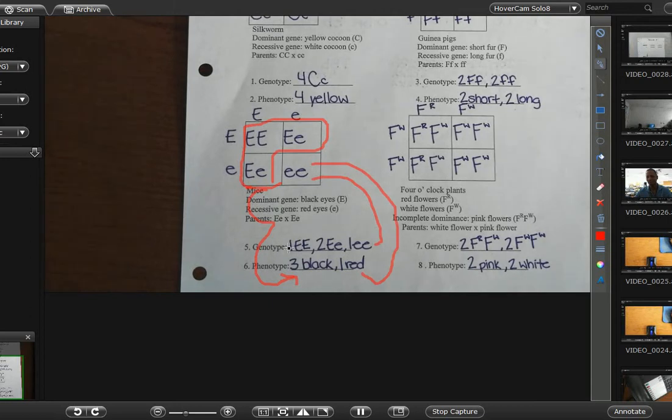The phenotypes and the genotypes should confirm each other. And again, I expect students to say 3 black, 3 red, not 3 heterozygous or 1 heterozygous, 2 heterozygous. If it's phenotype, say the trait. If it's genotype, say the letter combination.